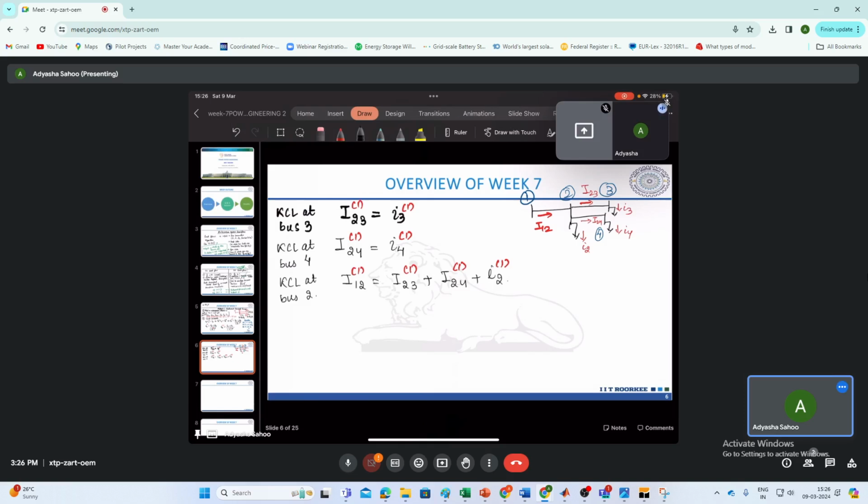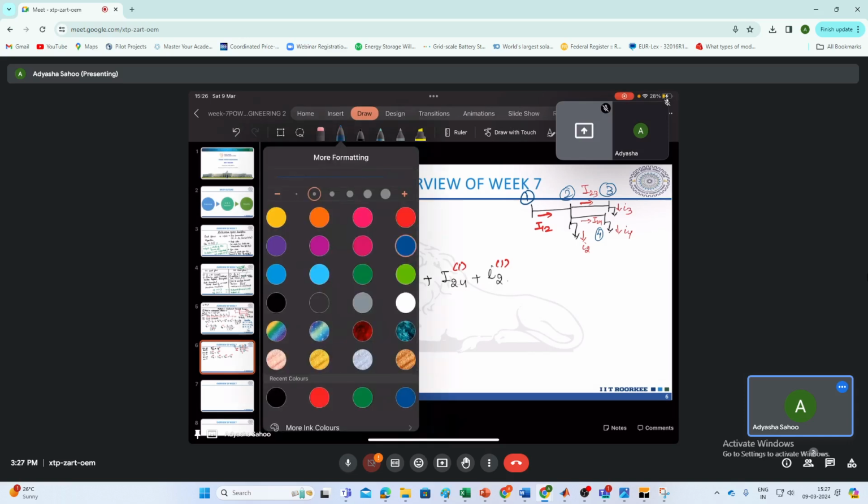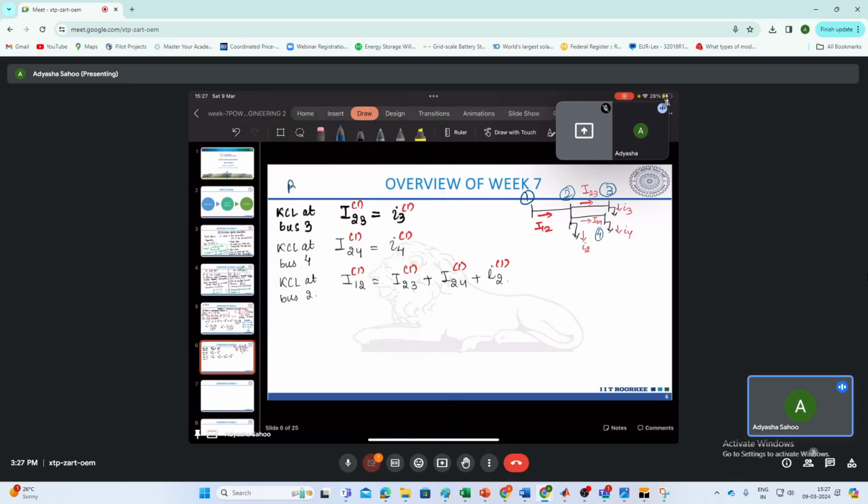So this was the backward step. And now we will go with the forward step for calculating voltages. Backward for I, forward for V.